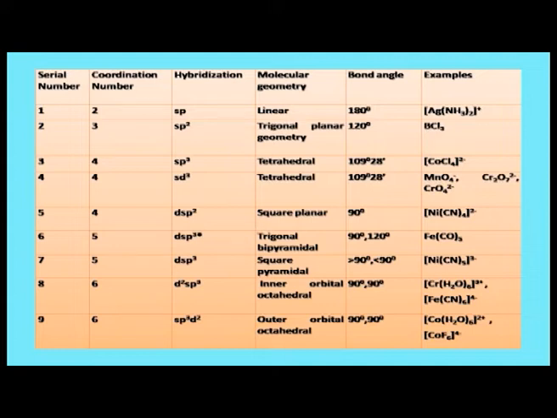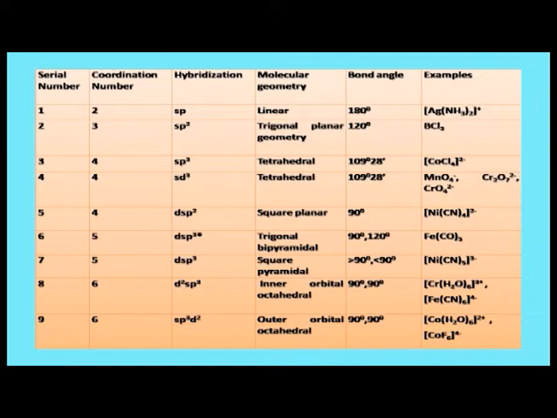Similarly, 5 hybridized vacant metal orbitals may involve the n-1 dz square orbital to produce 5 hybridized dsp3 orbitals that produce trigonal bipyramidal geometry.